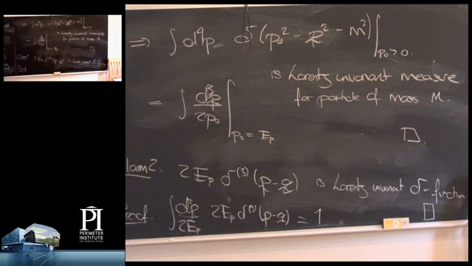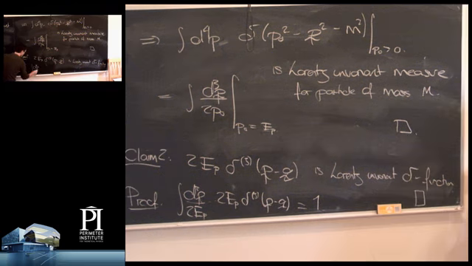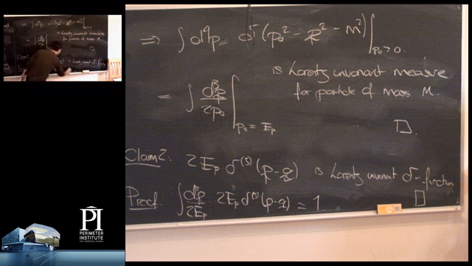The proof of this is just that this is Lorentz invariant, so there's the Lorentz invariant measure, and we multiply by the Lorentz invariant delta function. And that's what gives us 1. And 1 is obviously a Lorentz invariant number.